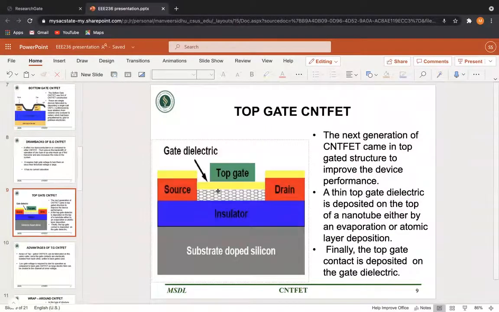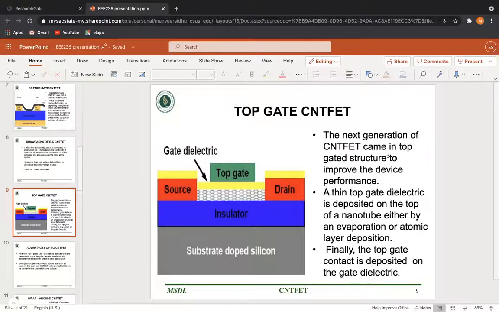The next type of CNTFET that came up was the top gate CNTFET. It came up generally to improve the device performance as it overcomes the limitations of the bottom gate CNTFET.